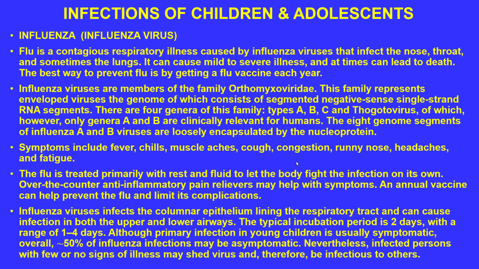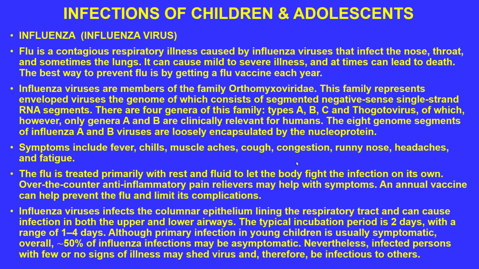Now, influenza viruses are members of the family Orthomyxoviridae. Now, this family represents enveloped viruses, and the genome of which consists of segmented negative sense single-strand RNA segments. There's actually 8 different segments. They call them cassettes.